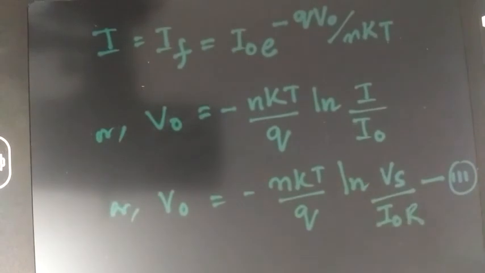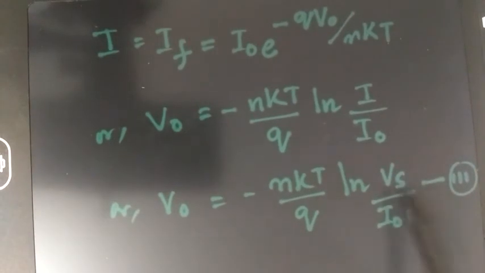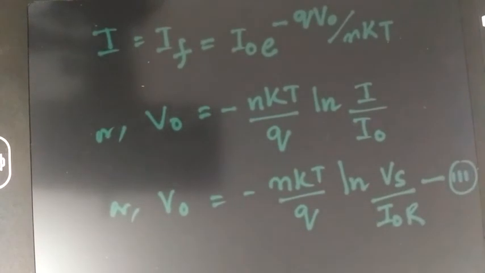So you can see over here that the output voltage is proportional to the logarithm of the input voltage. Vs was my input voltage, so the output voltage is proportional to the logarithm of the input voltage, and this is an excellent device which can respond to a wide range of input voltages.